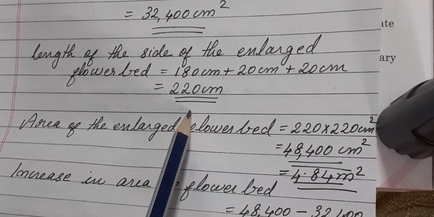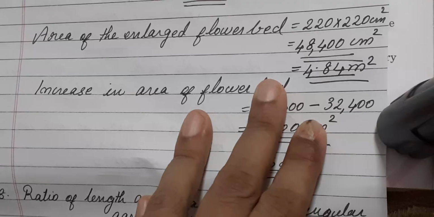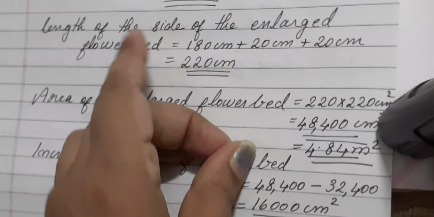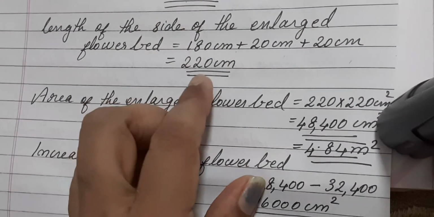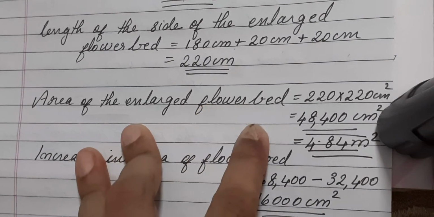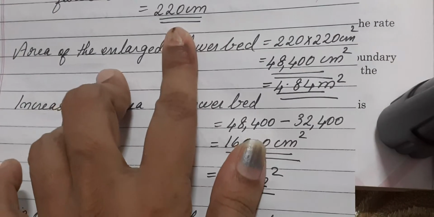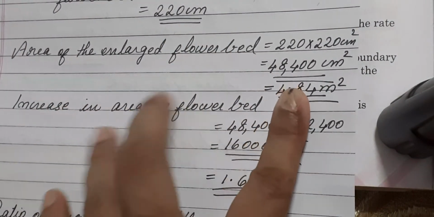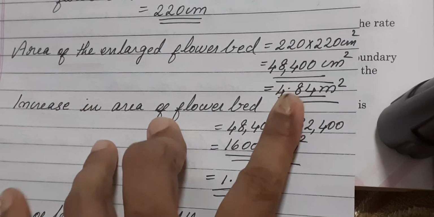So you will get 220 centimeter. Now what we can calculate? Area of the enlarged flower bed. How? 220 into 220 will come. So that you will get as 48,400 centimeter square.